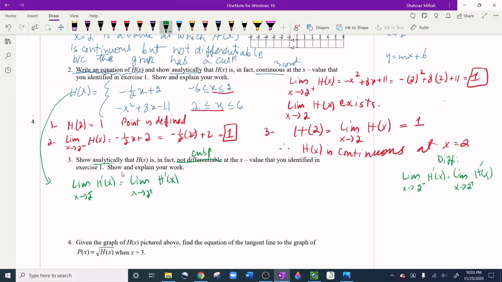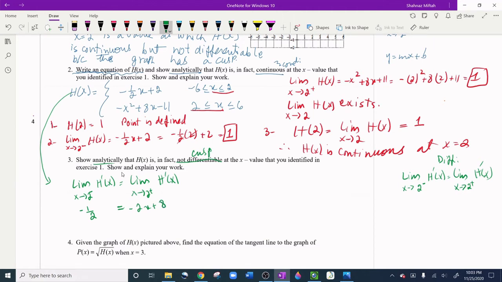From the left, we use this one, negative half x plus 2. So what is the derivative of that? It's only going to be negative half. Then I'm taking the derivative of this one, from the right, where x is greater than 2. So the derivative of this is negative 2x plus 8.